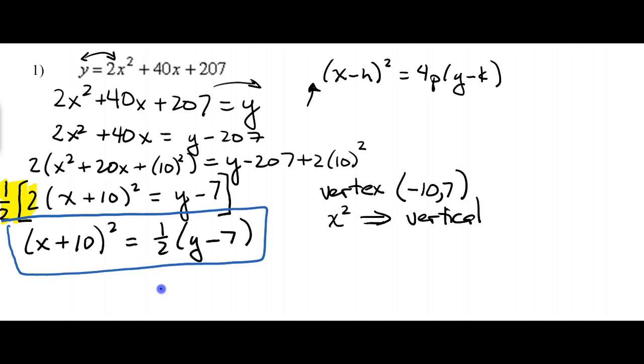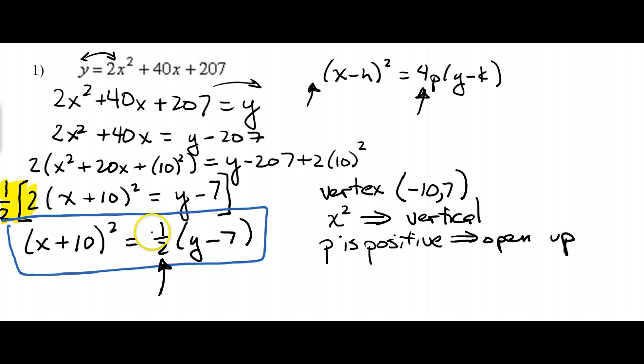And then over here I can see that this is actually 4p because it matches with this over here. But since this whole coefficient here is positive, we know that p is positive. Okay, and what that tells us is that it's going to open up.